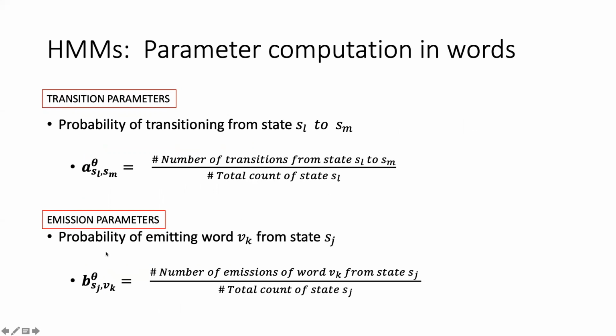Similarly, the probability of emitting a word Vk from state Sj is given by B Sj comma Vk, which is the number of emissions of the word Vk from the state Sj divided by the total number of counts of state Sj. And these are fairly intuitive. These are the solutions we arrive at for supervised learning.